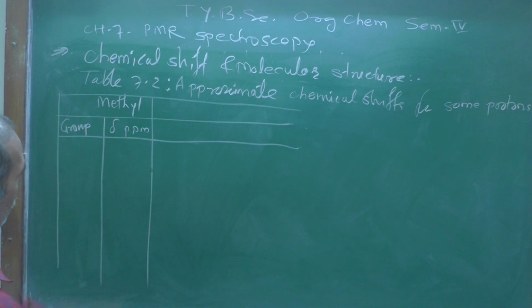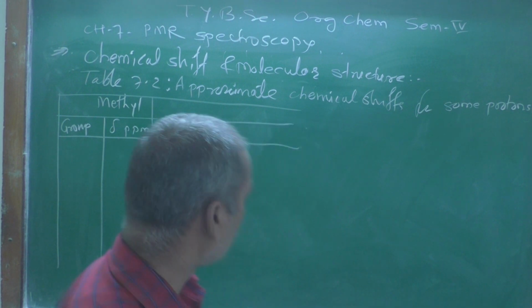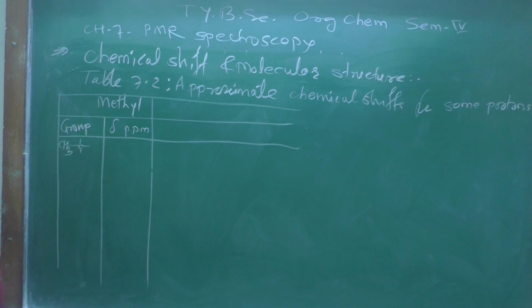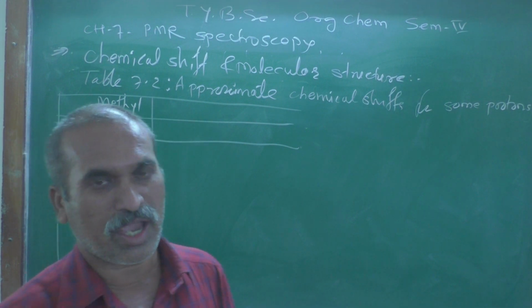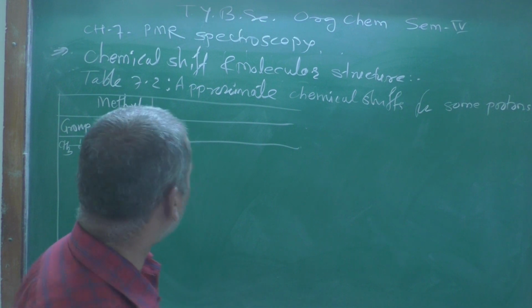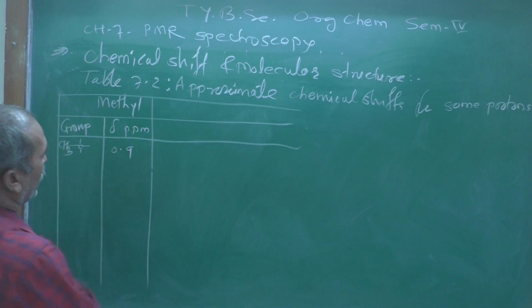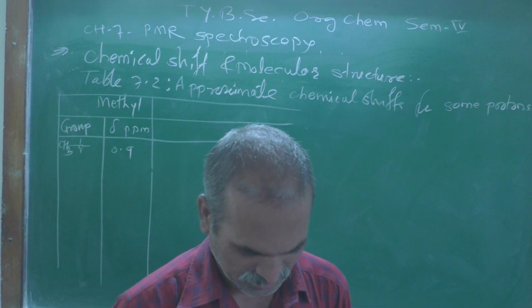Now let us consider the methyl group. First, suppose we have a methyl group attached to an aliphatic carbon atom, meaning a carbon atom with sp3 hybridization, and the delta value is found to be 0.9 ppm.